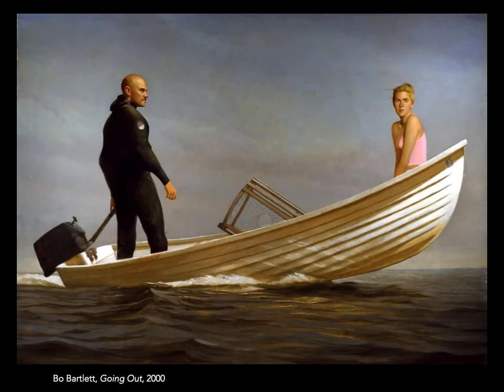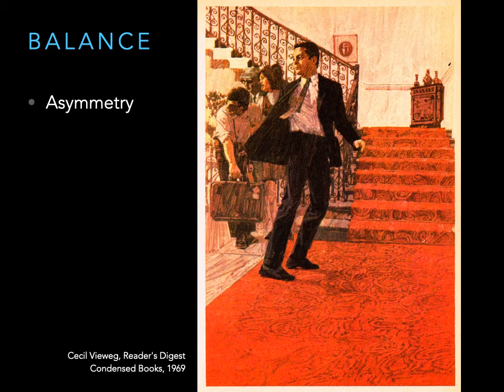Almost a perfect idea of the fulcrum and seesaw idea. The woman in pink, much closer to the edge, the guy in black, much closer to the middle. Little shelf or cart there with the vases up on the far right, closer to the edge. It's going to help balance the weight of all those figures on the left.